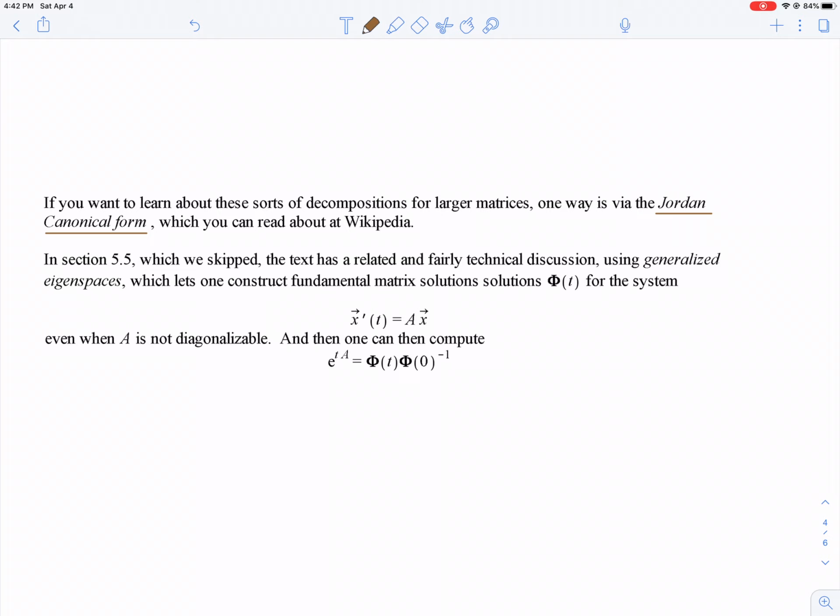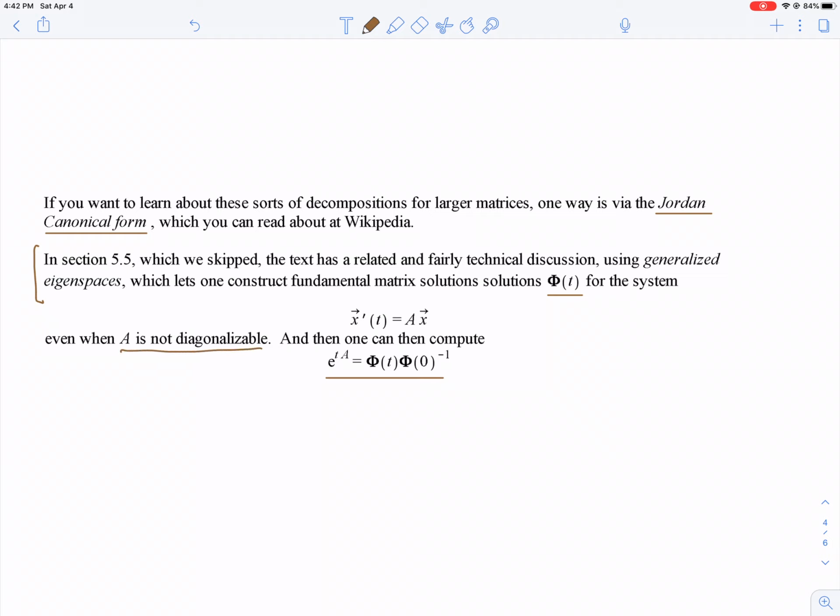And our text actually deals with non-diagonalizable matrices in section 5.5, and they show how to construct fundamental matrix solutions for the system. So remember, that's just a matrix whose columns are a basis for the solution space. And then, as we talked about last time, if you just take phi of t times phi of 0 inverse, you get e to the tA.